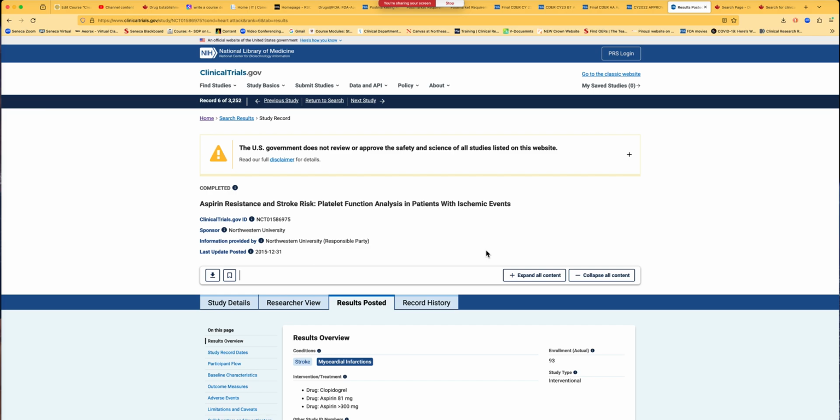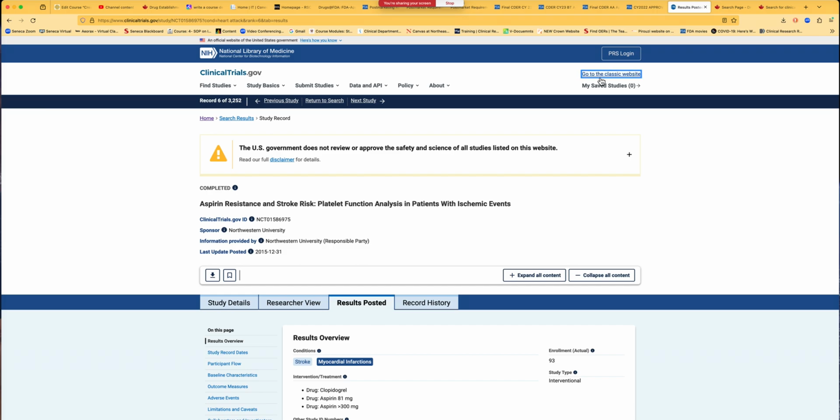I repeat, there are other functionalities that you can find in the classic website. How do you access the classic version? Go to the top of the website, go to your right, and click on go to the classic website.